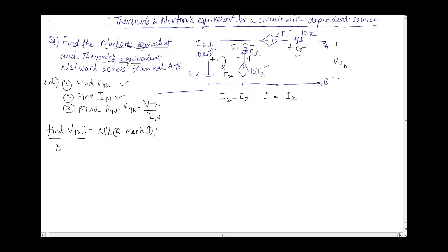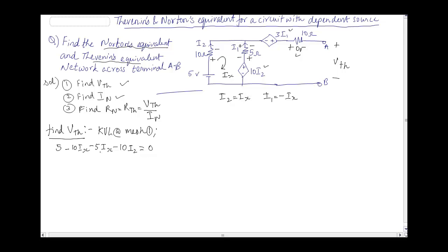So 5 plus 5 minus 10 I2, which is Ix. Then Ix is flowing in this direction, so front of the component means minus 5Ix. Then we have minus 10I2, but that is equal to 0.